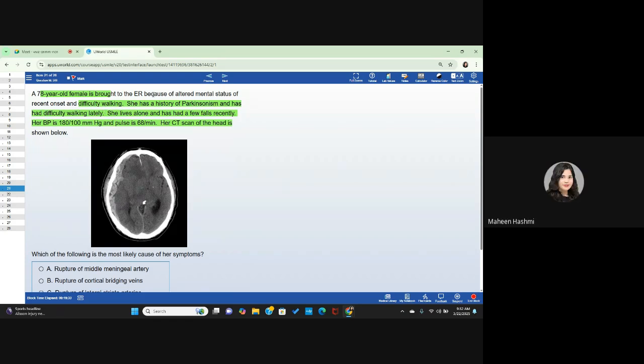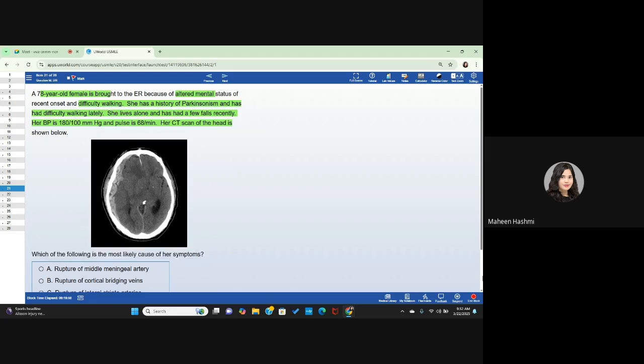They will have altered mental status, difficulty performing tasks, and when you ask them how are you, they'll say, I'm fine. And when you get a CAT scan, you will see that there's something wrong.